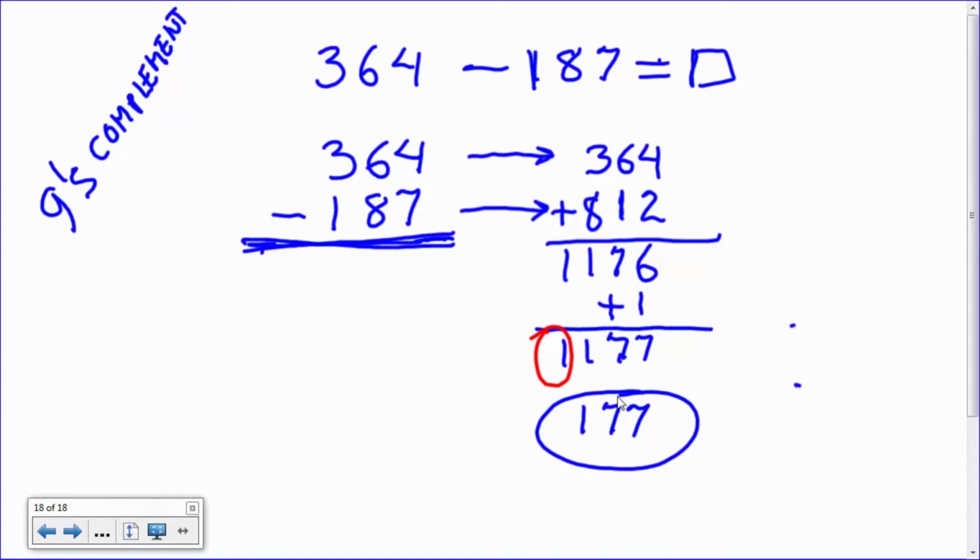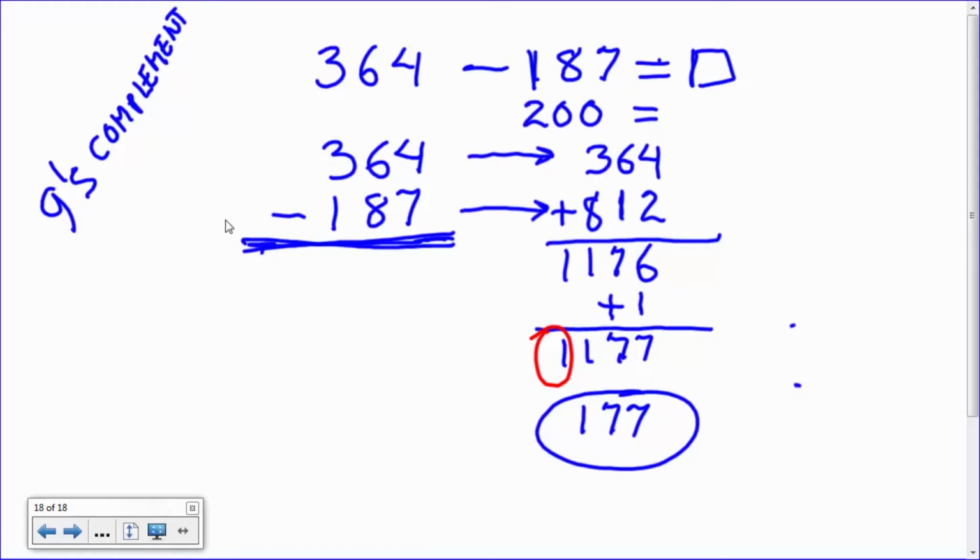Now, is that the difference? Is 177 the true difference? Well, if I were to use shifting on this problem, go back up to the top of the screen. If I were to add 13 to the 187, does everybody see that's 200?